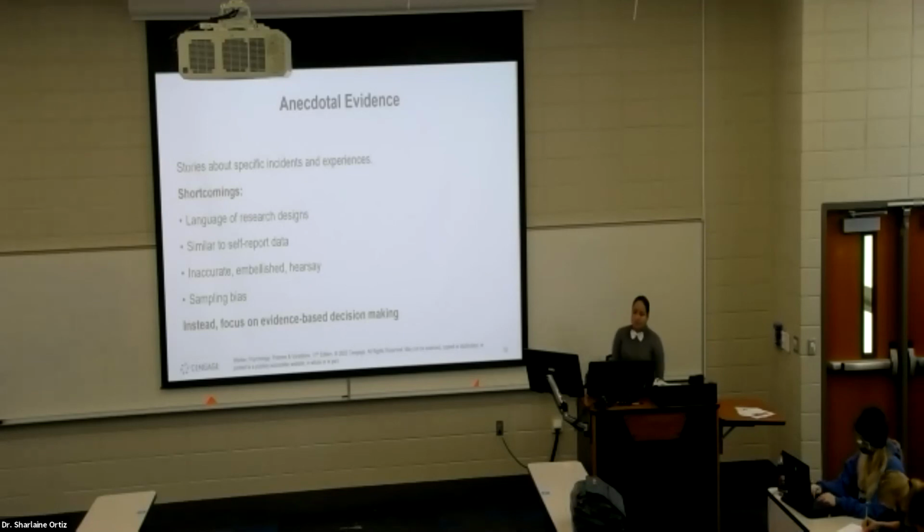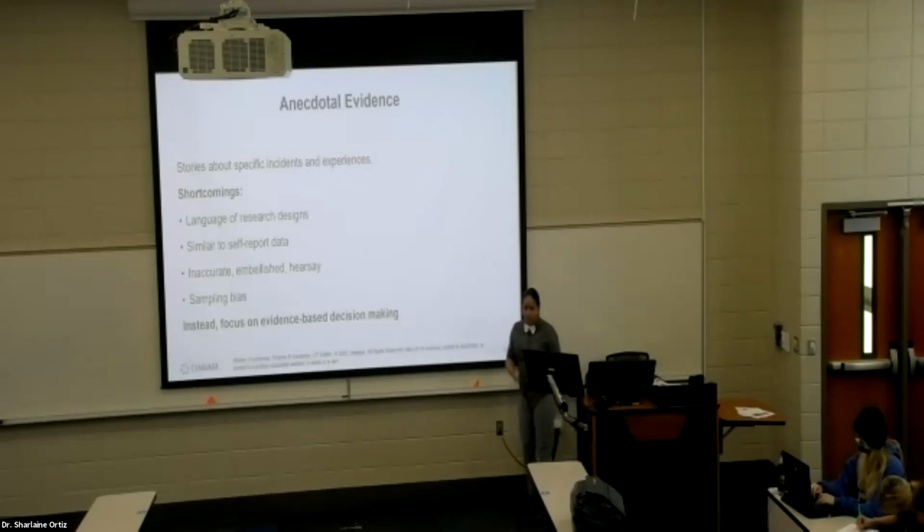The problem in using this type of information to inform your knowledge is that it will lack the language that we use in research, right? Independent variable, dependent variable, alternating variable. It's going to lack that type of language.